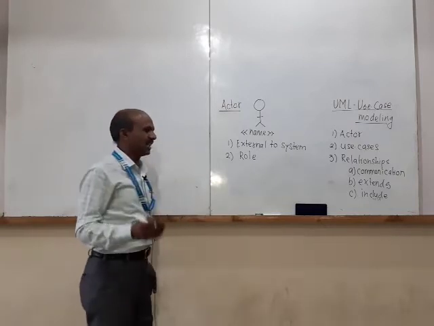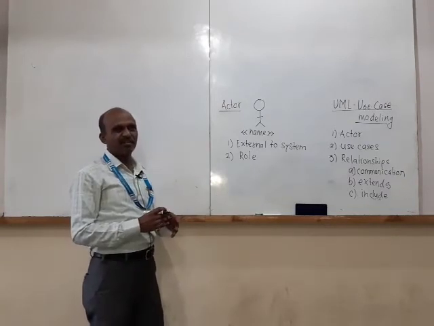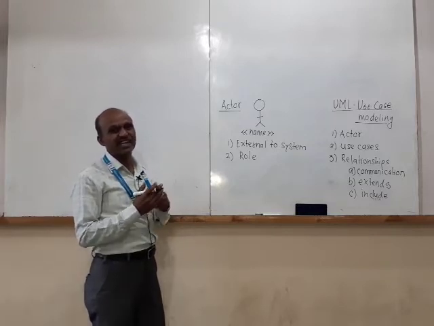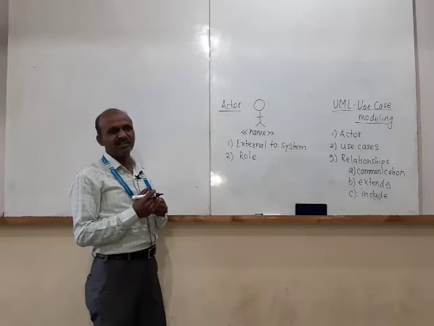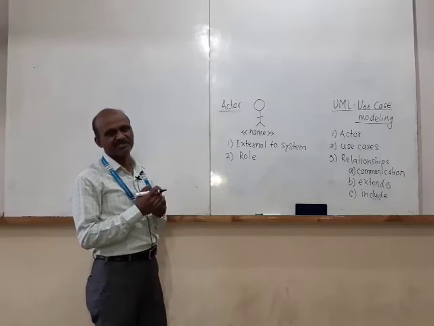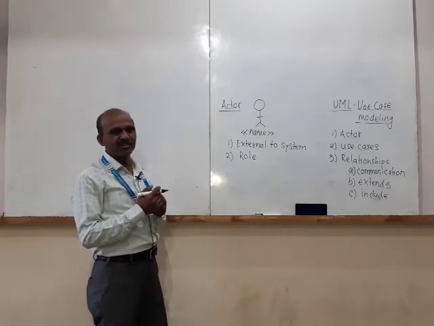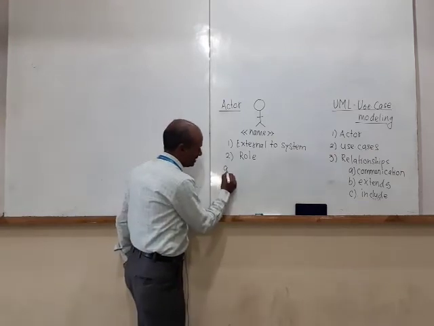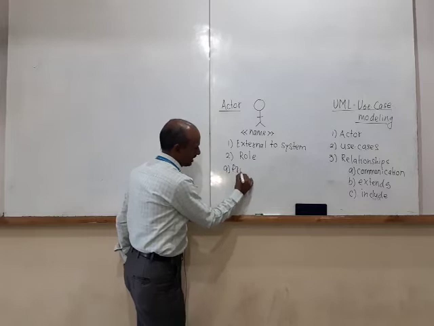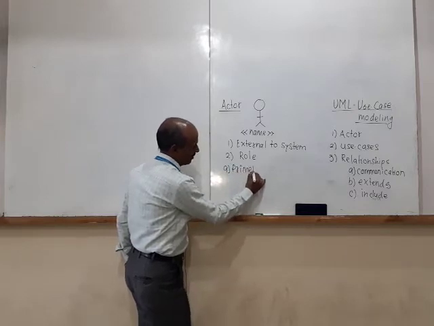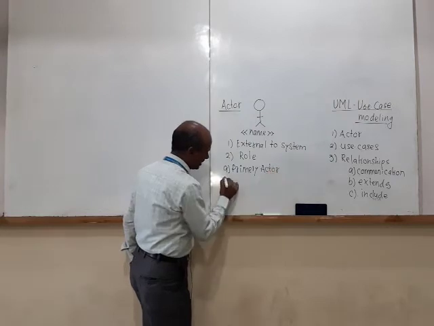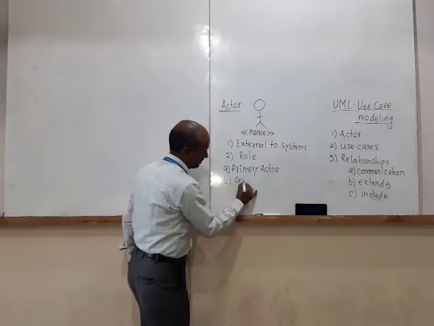Again, another criterion to identify these actors is the types of actor. In UML, there are two types of actor. Number one is primary actor and second is secondary actor.